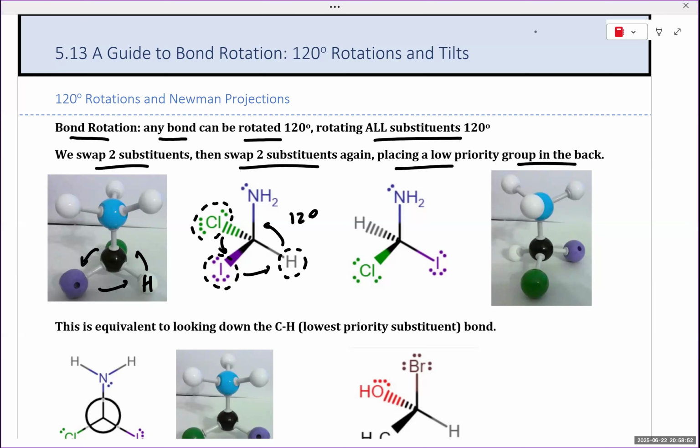I prefer in this case, because we have the model view, you can think of it as if we were rotating your bottom substituents 120 degrees. So as you can see, the chlorine moves to the iodine position, the iodine moves to hydrogen's position, and the hydrogen moves to the chlorine position. And here's our rotated view. We essentially took this whole model kit, picked it up, and rotated it counterclockwise 120 degrees.